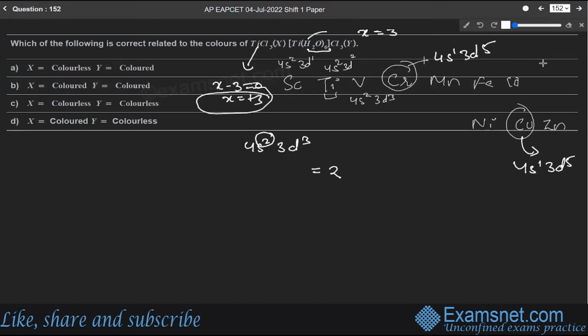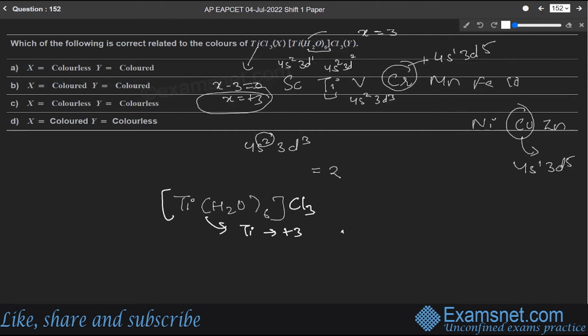So again you remove 3 electrons for [Ti(H2O)6]Cl3, and the oxidation state of titanium is plus 3. When they have unpaired electrons, that solution will always be colored.